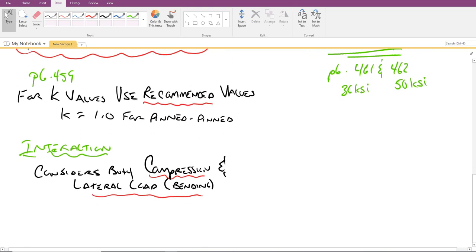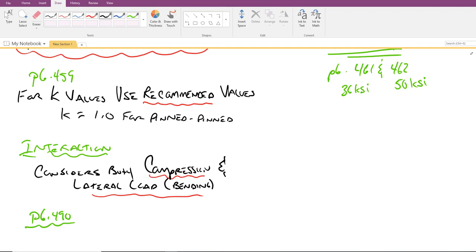Page number 490 in your textbook has the interaction equation for steel design. So page 490 has the interaction equation, and you'll notice that it's much like the timber equation.